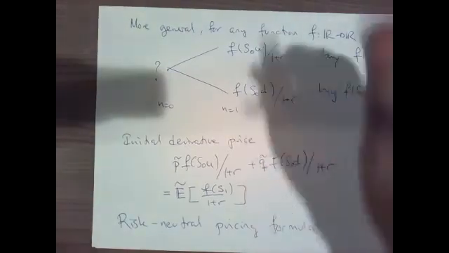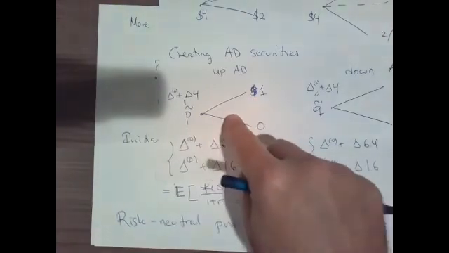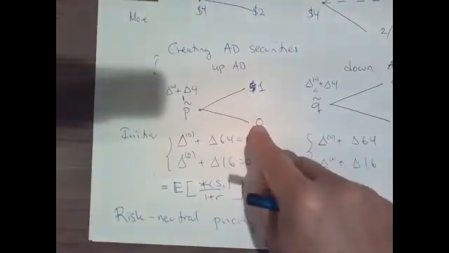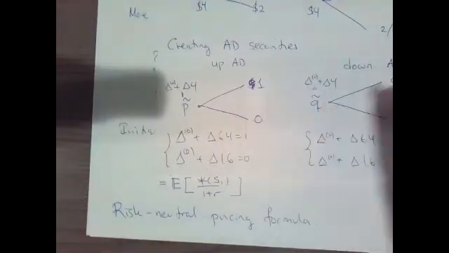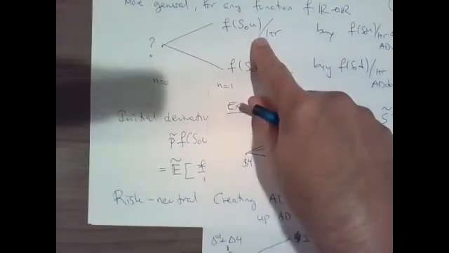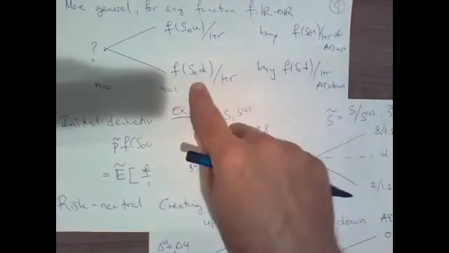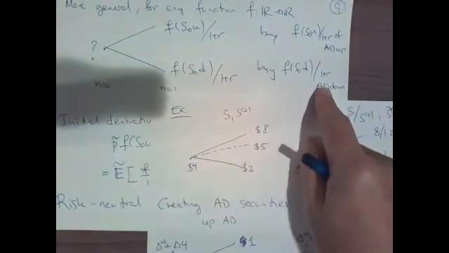How many units of the first early bird security do I need to buy? Every time I have one of these, I get $1 in the up state and $0 in the down state. So I just need to buy whatever the payoff is. That's how many units I need. I'm buying that number of units in the up state, and that number of units in the down state.